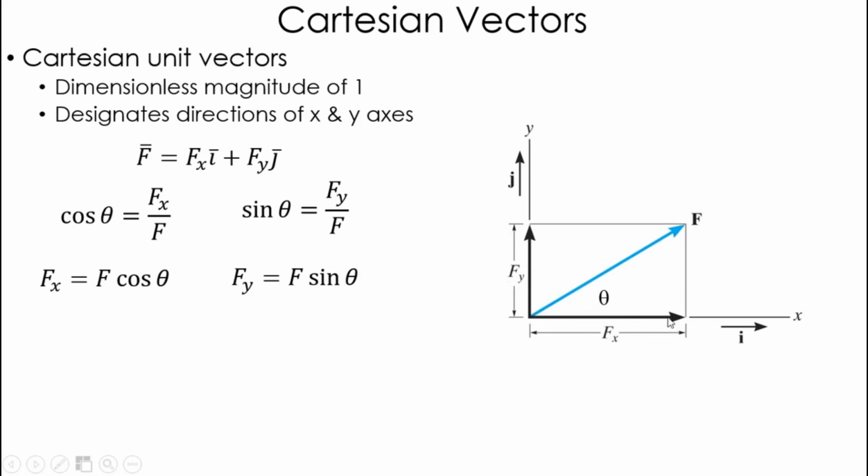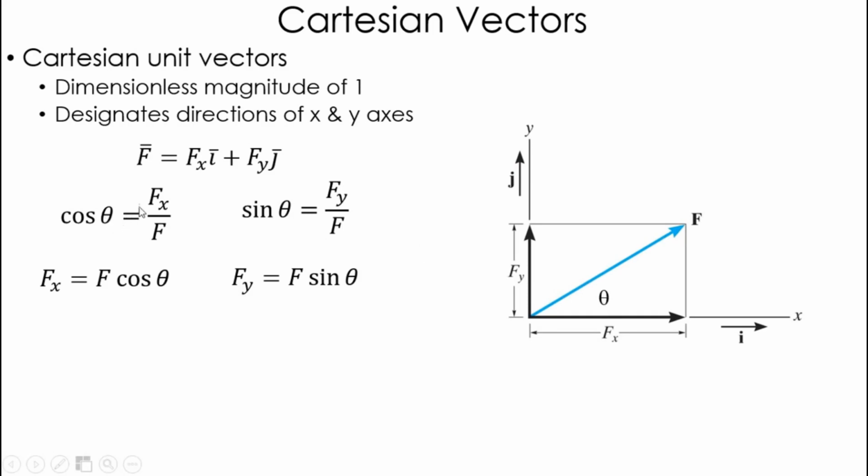Now, what I have here is a right triangle, right? Because x and y are perpendicular, we can use trigonometry to figure this out. Okay, so if I'm trying to find the x component, right, that's adjacent to this angle theta that I have here.